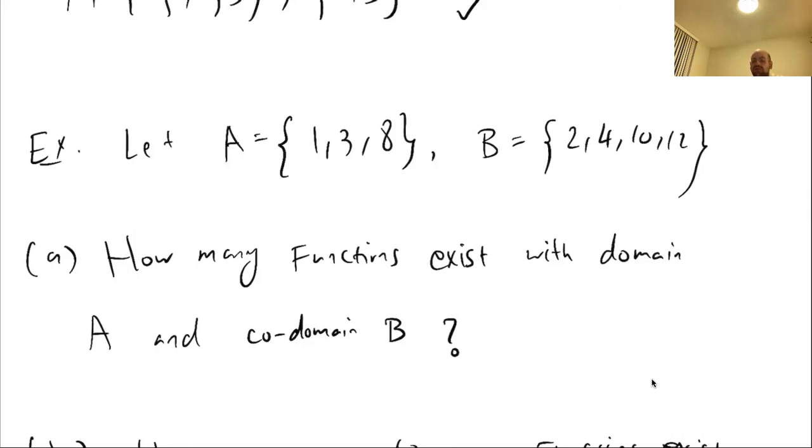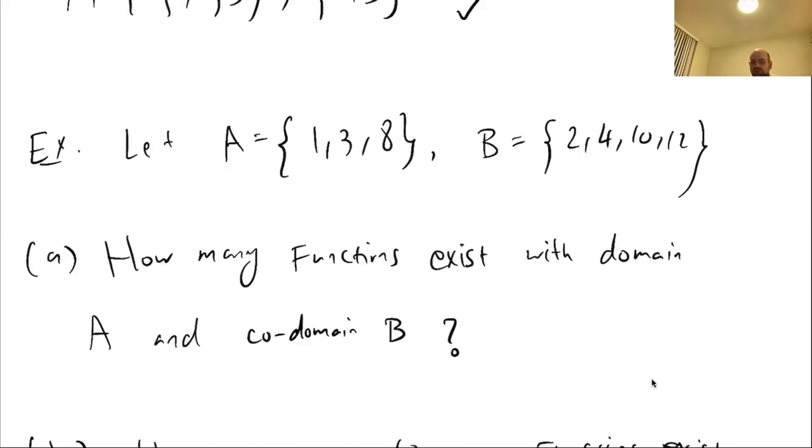You will not have a function if you assign 2 outputs to 1 input. For example, if I assign 2 and 4, both of them as outputs to 1, then I will not have a function. Because in order to have a function, each input must have exactly 1 output.